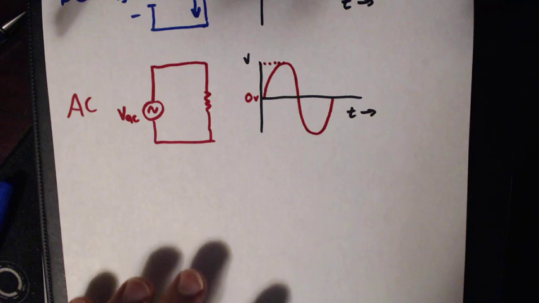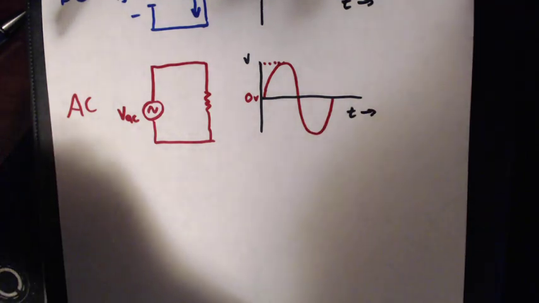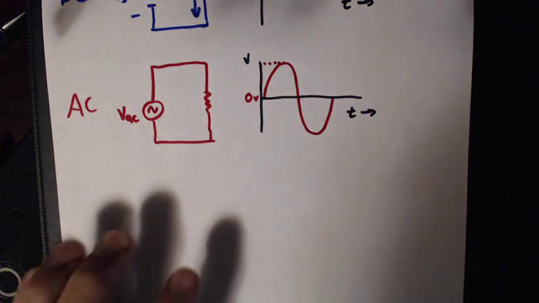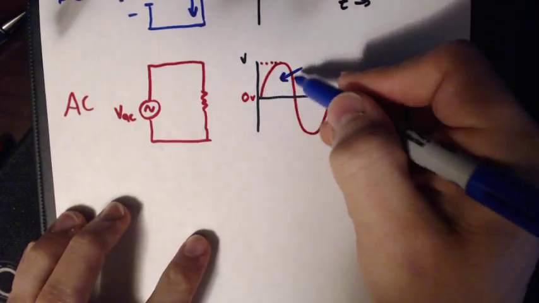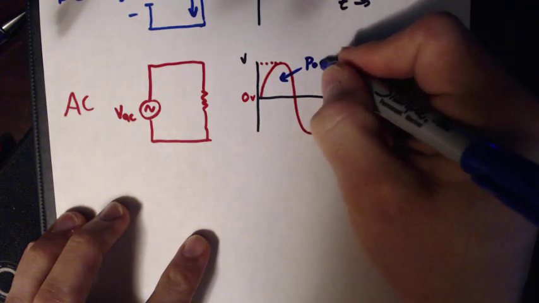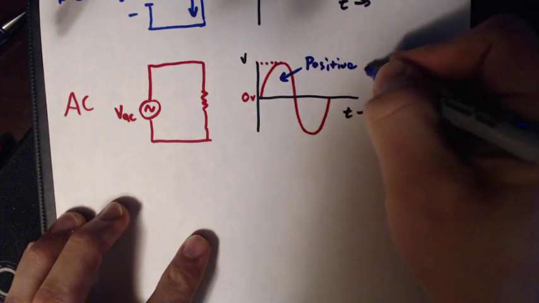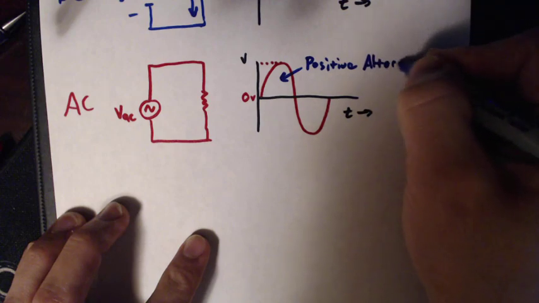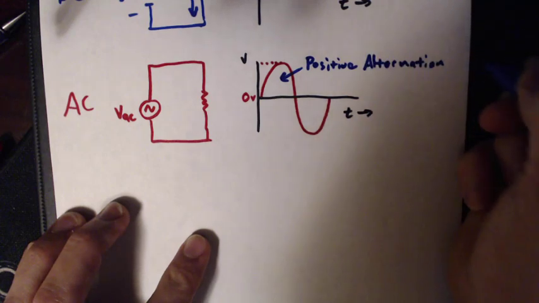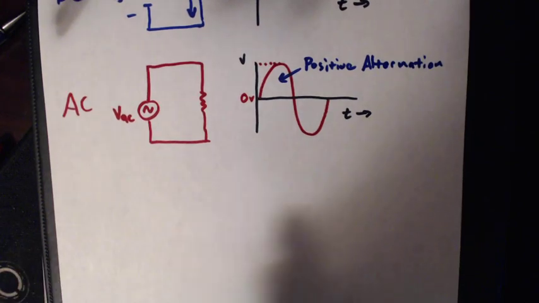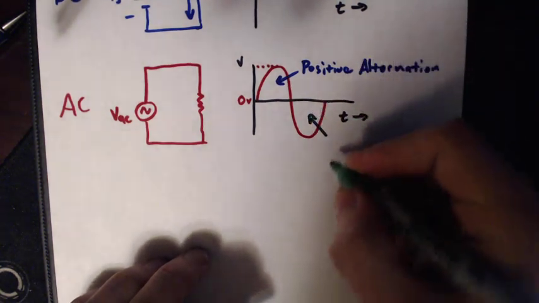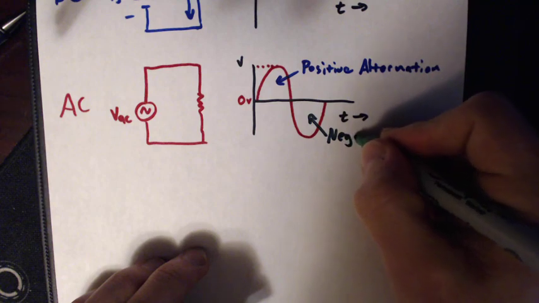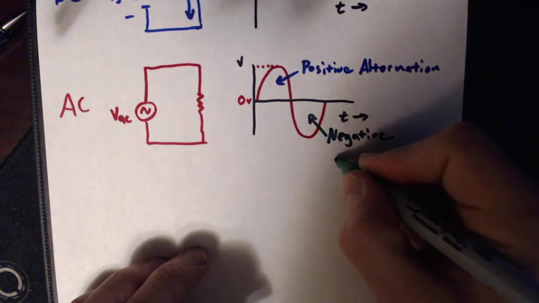We can break this down into two different sections. We're going to call this the positive alternation, and we'll list the other half of this waveform as the negative alternation.